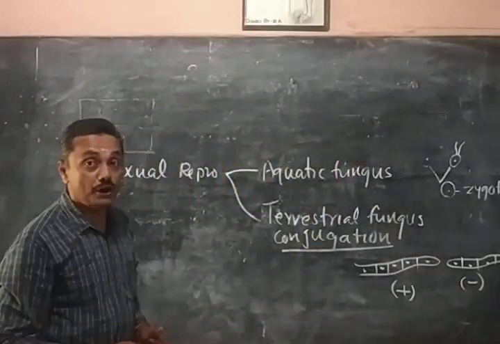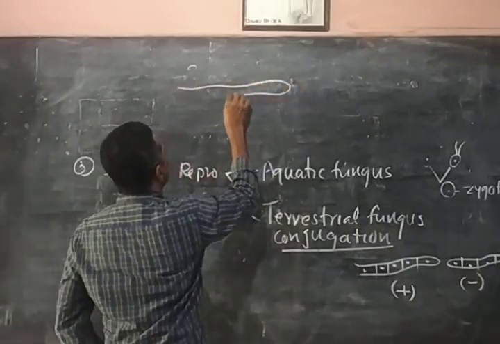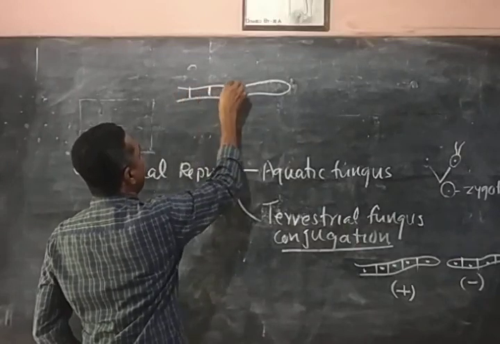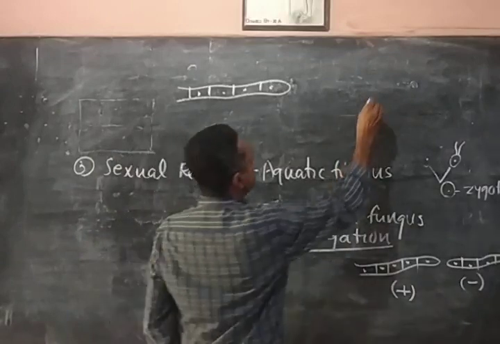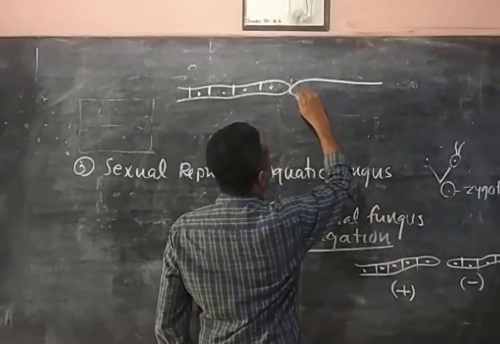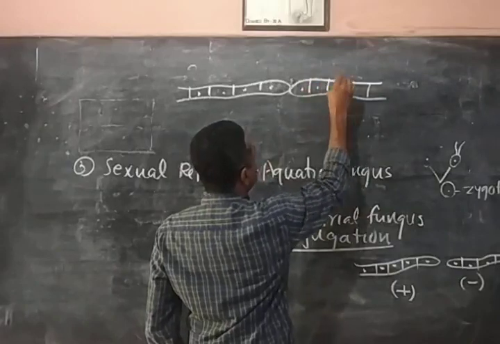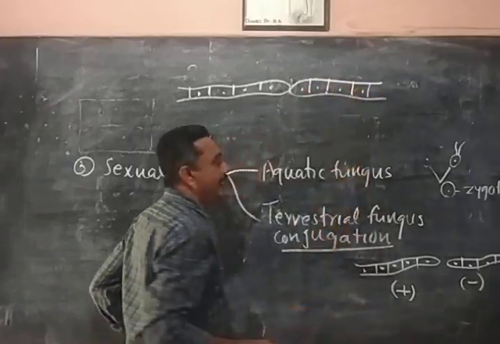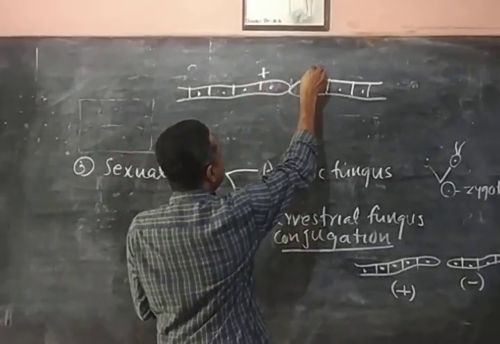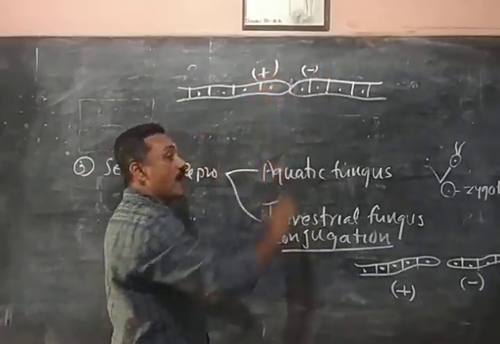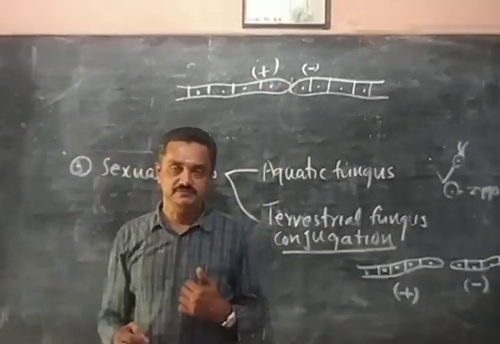During the process of conjugation, a plus hypha and a minus hypha touch each other. This is the plus hypha. This is the minus hypha. Instead of male and female, plus hypha and minus hypha touch each other.